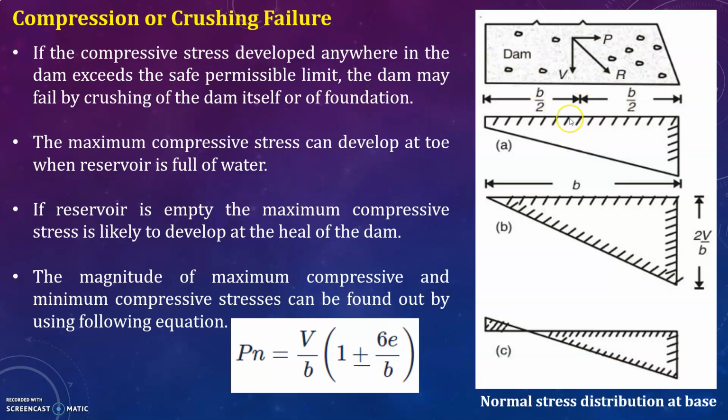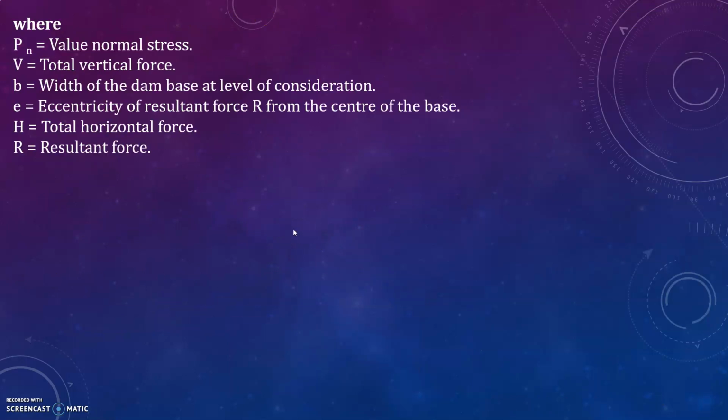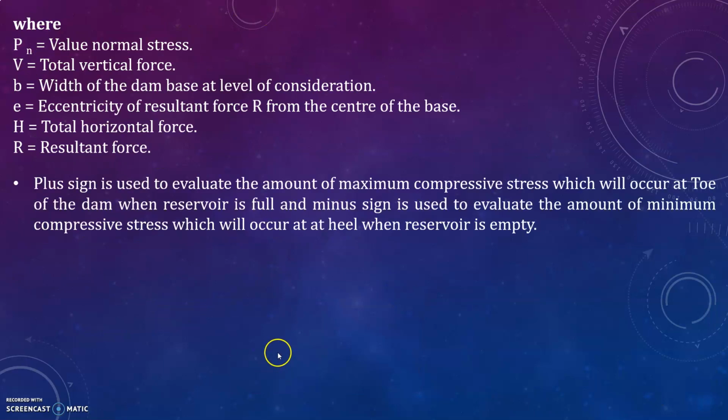You can see this figure. There are three diagrams, A, B, C. Here in this equation, Pn is the normal stress, V is total vertical force, B is width of the dam base at level of consideration, e is eccentricity of resultant force R from the center of the base, H is total horizontal force and R is resultant force.